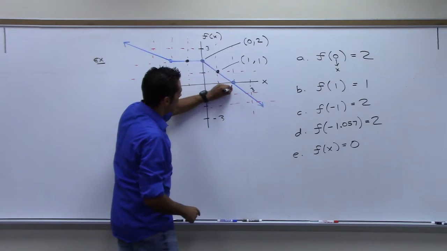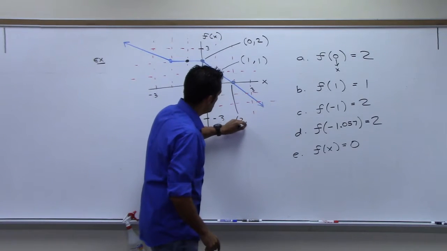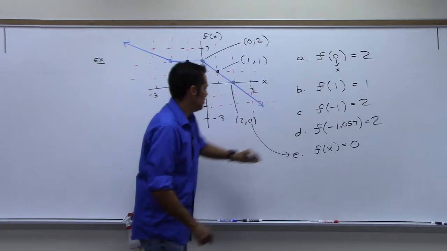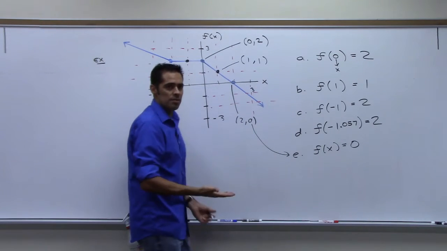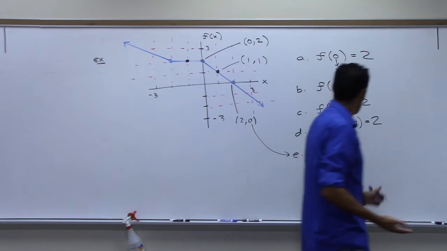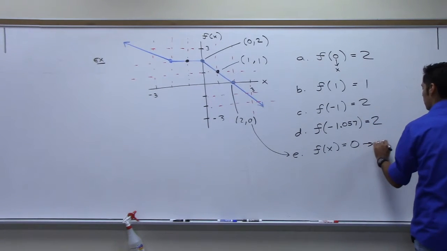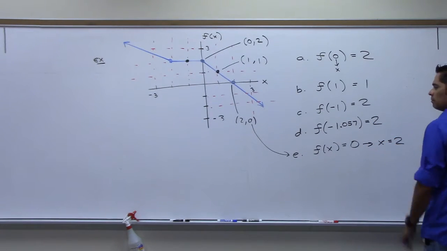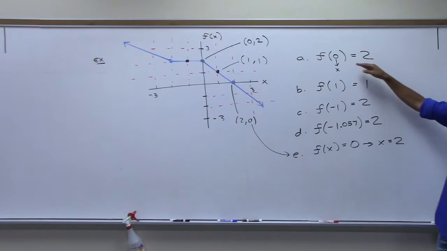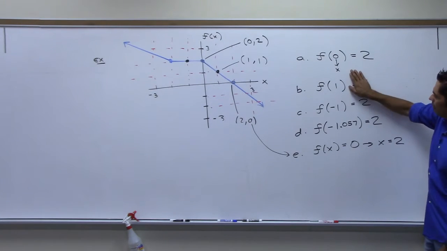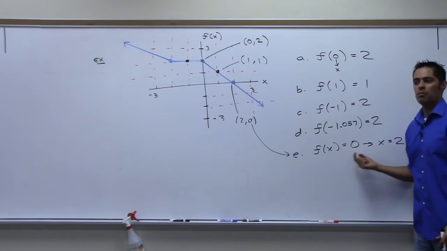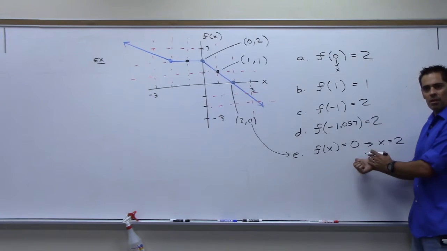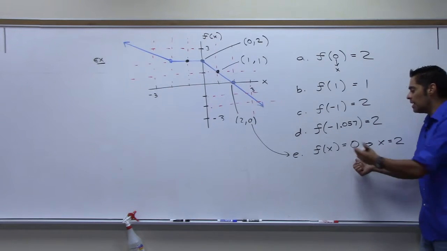At this point right here, you plug in 2, you get an output of 0. Output 0, input was 2. So it's the x-intercept, isn't it? So here x would be 2. Again, you can see the difference in the notation, right? F of 0, f of 1, f of negative 1, f of negative 1.057, and all of a sudden f of x equals 0. That's what tells you, look, I'm looking for the input, not the output.